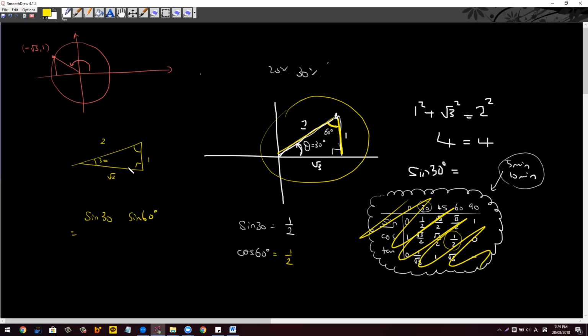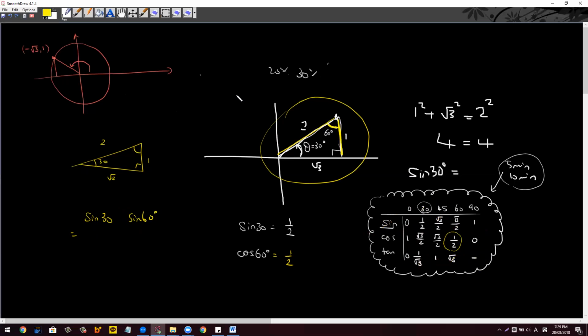If you just memorize this picture, that's a 60 there. So sine of 30 is opposite over hypotenuse, which is 1/2. What's the sine of 60? This is 60 here, so the opposite is this one, root 3, over the hypotenuse. So that's root 3 on 2. Is that right? So that's all in the table as well. That's how you do it.